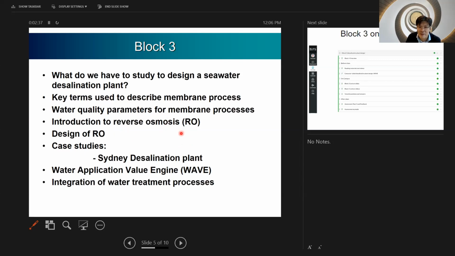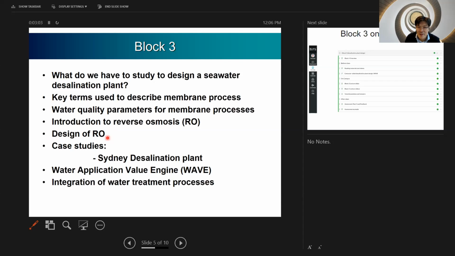Reverse osmosis is very important, not only for seawater desalination plants, but also for wastewater reuse and brackish water desalination, and how to design reverse osmosis. This is the key component of our assignment 3.